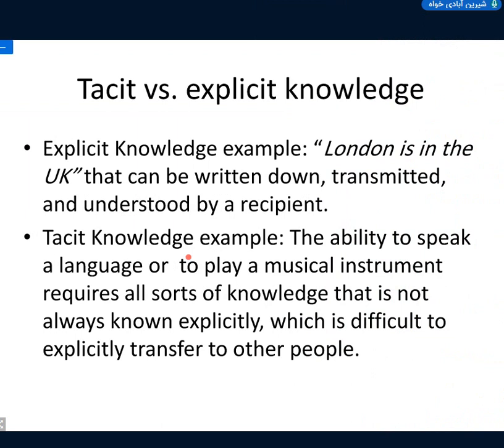But tacit knowledge, the ability to speak, I cannot explain to you how I am speaking. To speak a language or to play a musical instrument requires all sorts of knowledge that is not always known explicitly. You may have seen some people who play the piano very beautifully, they play different instruments, but they can't teach it because it's based on their implicit knowledge, their tacit knowledge.